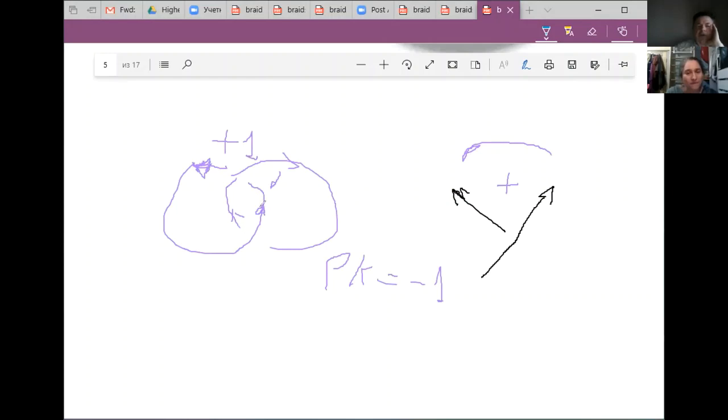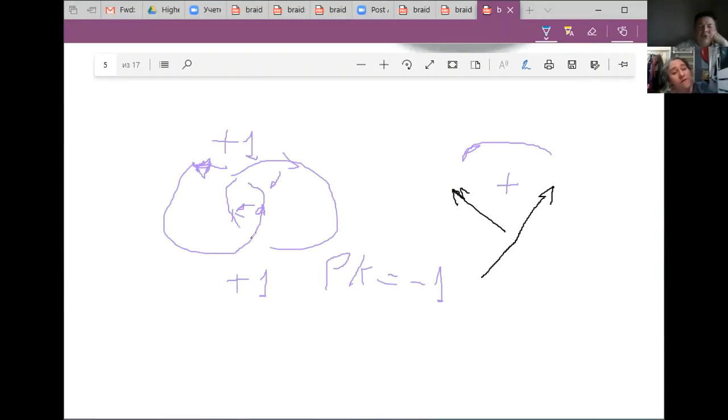Again, this is overcrossing, and this is undercrossing. So again, I'm going in the positive direction. So I have +1 here.